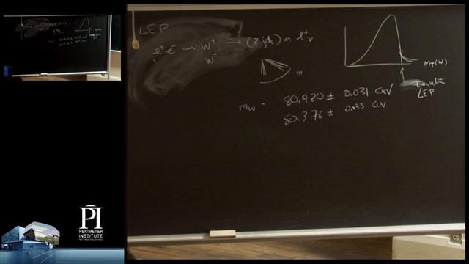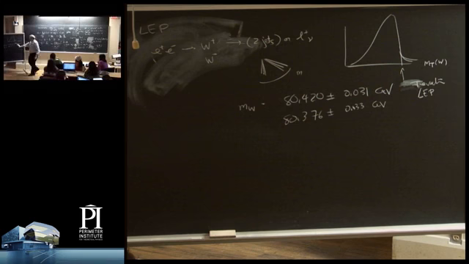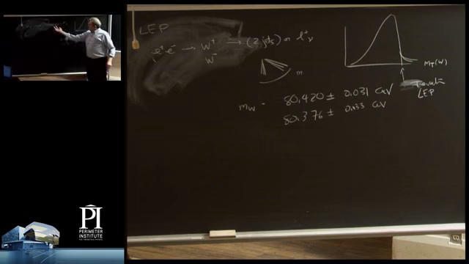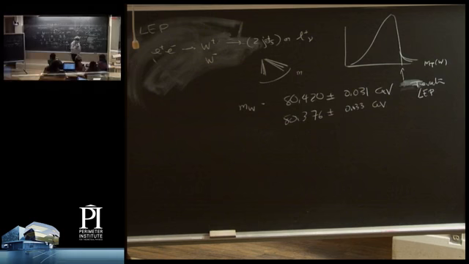For the Z, you can also get the mass that way, but there's a more accurate way to get the mass. And it's part of a program that I'd now like to explain to you. So the W, its decay properties are relatively simple. You go to one of these or the other, and everything has the strength of the weak interaction coupling. The Z has a more interesting decay pattern.